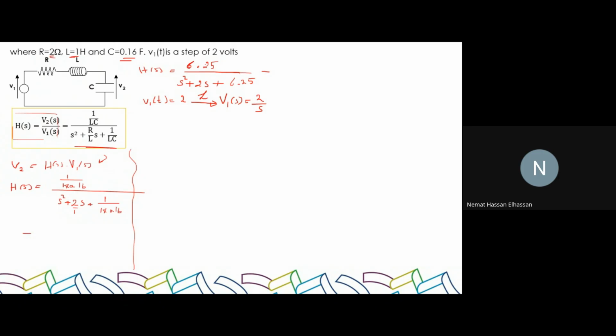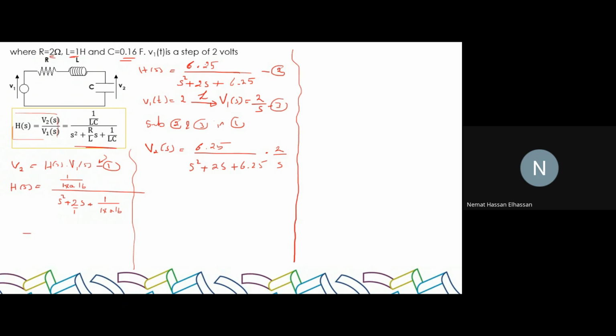Taking these into consideration, I'll call these equations 1, 2, 3. I'm going to substitute 2 and 3 in 1, which will tell me that V2 of S is equal to 6.25 divided by S squared plus 2S plus 6.25, multiplied by 2 over S, right?